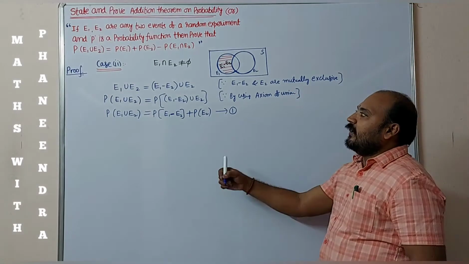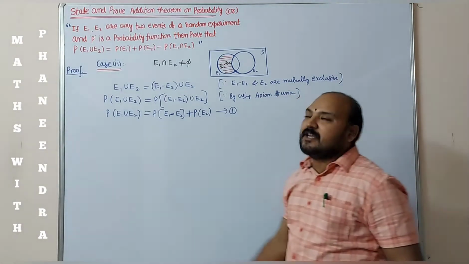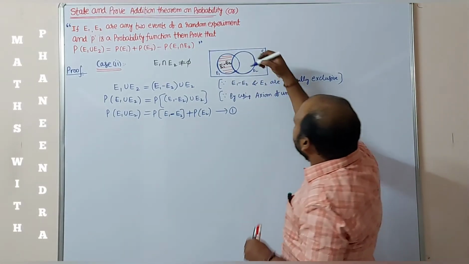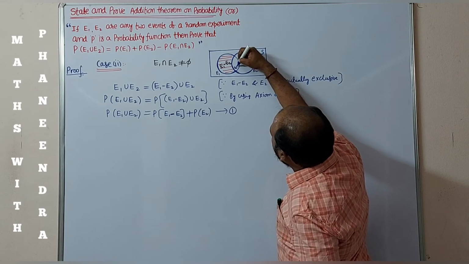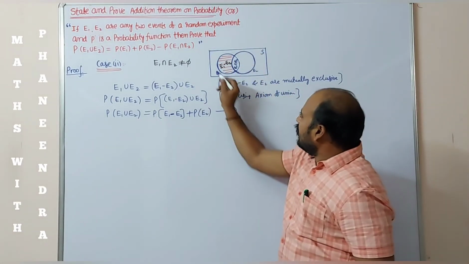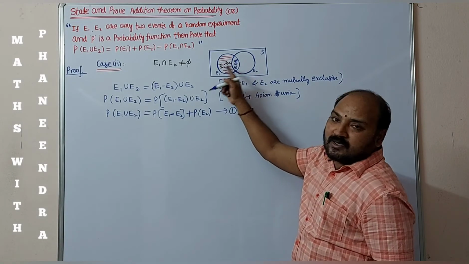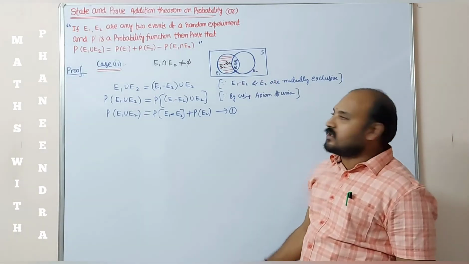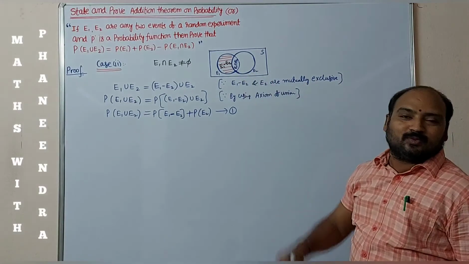Now, to get P of E1 minus E2, E1 can be written as, this part is E1 intersection E2 only, no? This is E1 intersection E2. So E1 can be expressed as the union of these two, and these are disjoint events. Again, they are mutually exclusive.